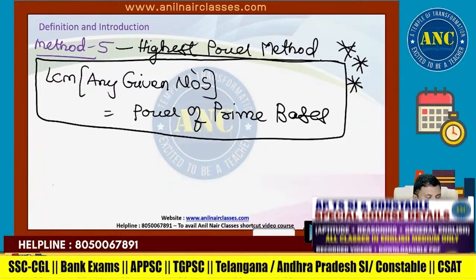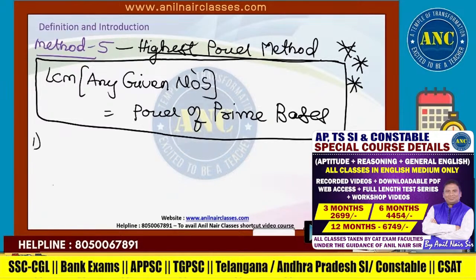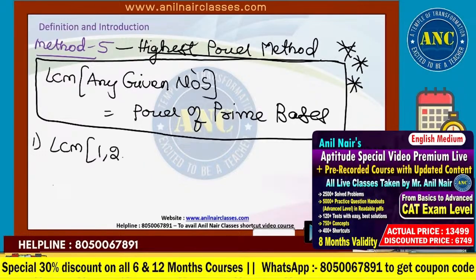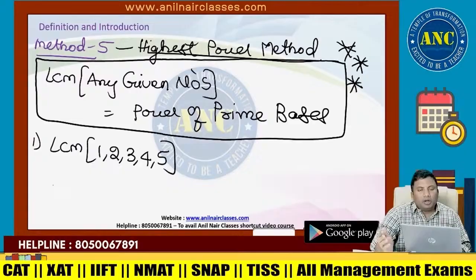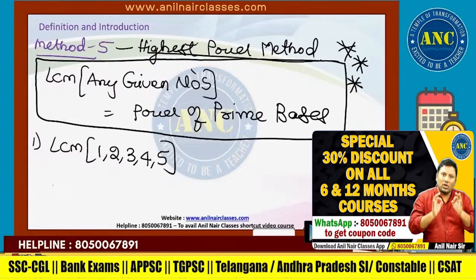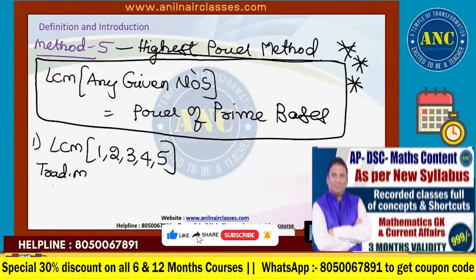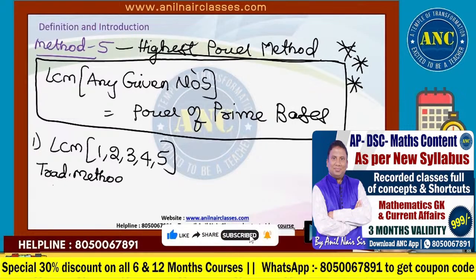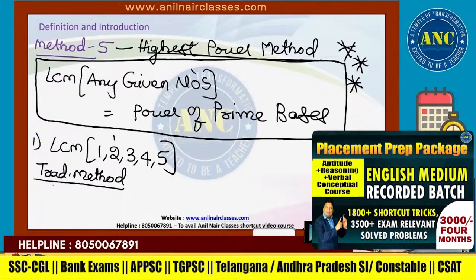Now what is it? First one, the LCM of 1, 2, 3, 4, 5. First I will do the traditional method, then I will tell you the highest power method. What is the traditional method? 4 is getting divided by 2 and 1.